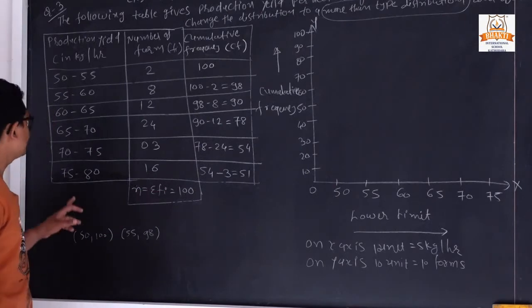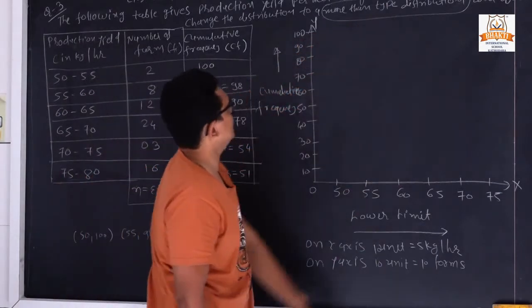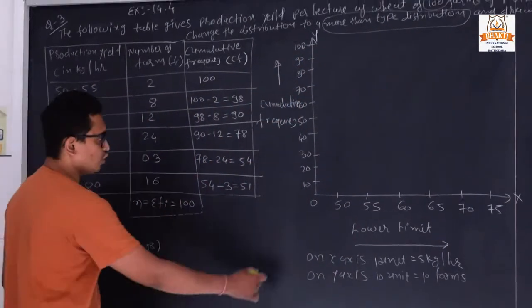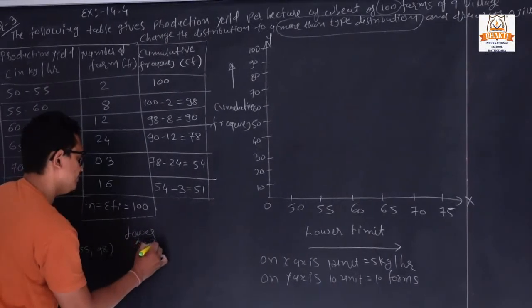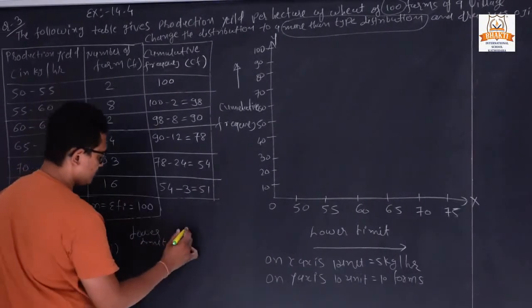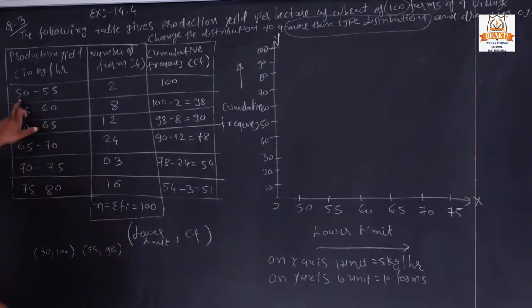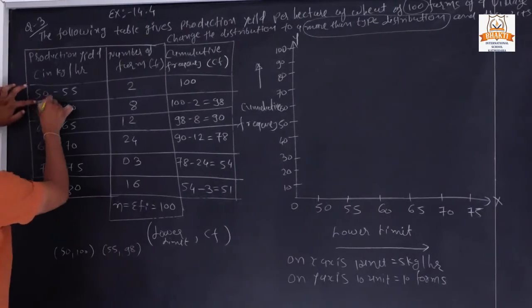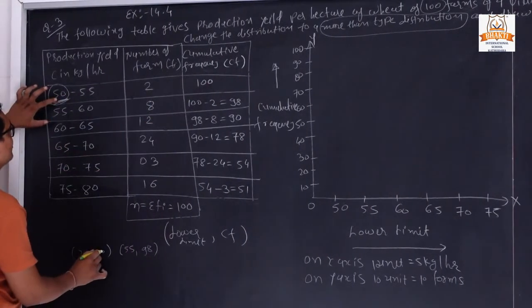If you want to draw the more than type of ogive, we will consider the lower limit. We draw the graph of lower limit versus cumulative frequency. Lower limit is 50, so CF is 100. So the first point is 50, 100.